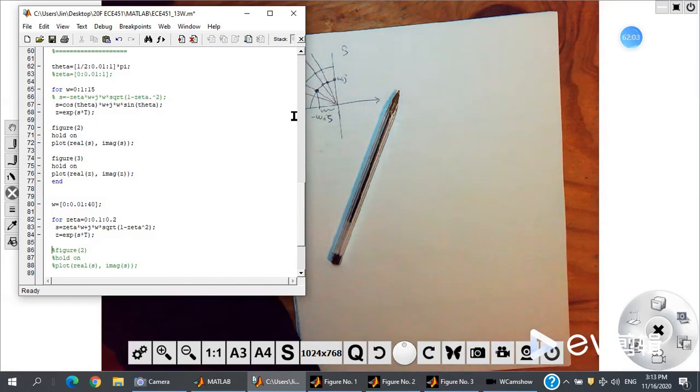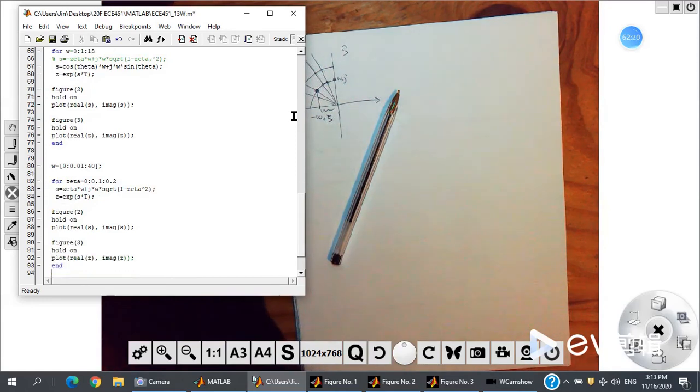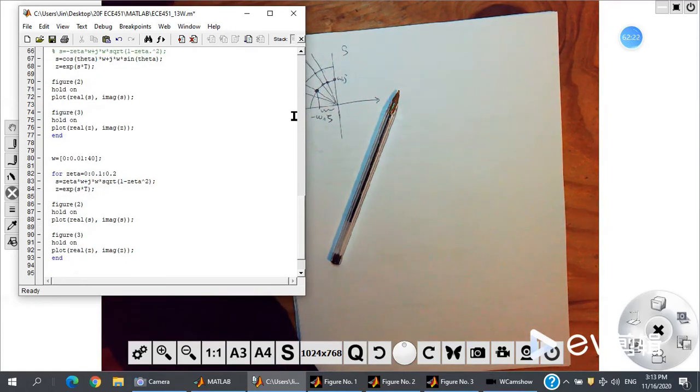Okay, so just figure 2. Plot these. Okay, what can we see?